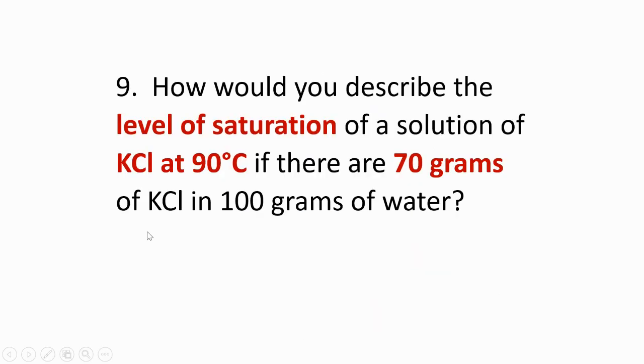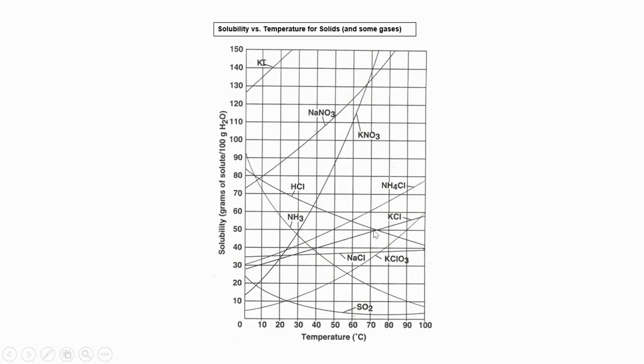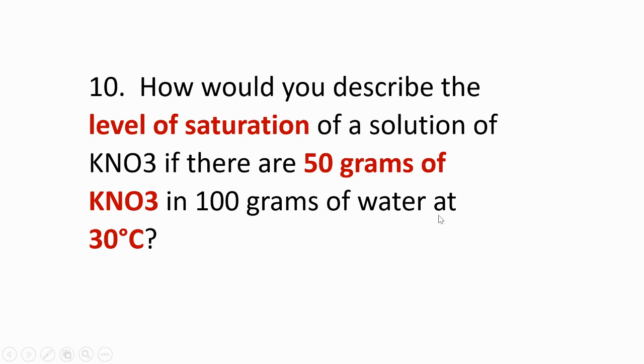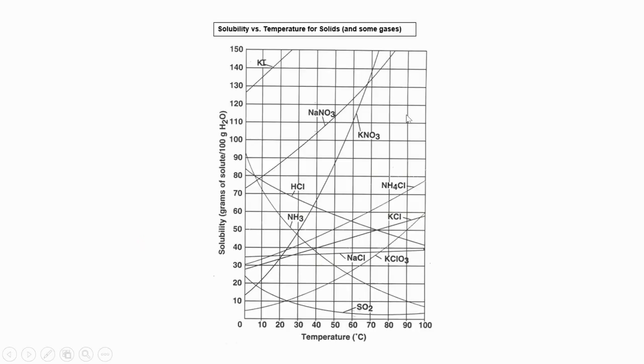Okay, next question involves what kind of solution do I have? Is it saturated, unsaturated, or supersaturated? So in this case, KCl, 90 degrees, 70 grams. So I find the KCl line. I look at 90 degrees. KCl, 90 degrees, and I have 70 grams in solution.